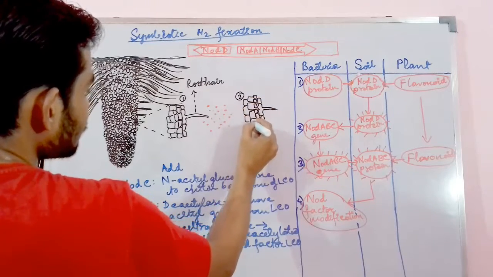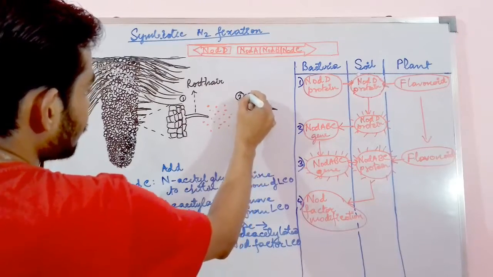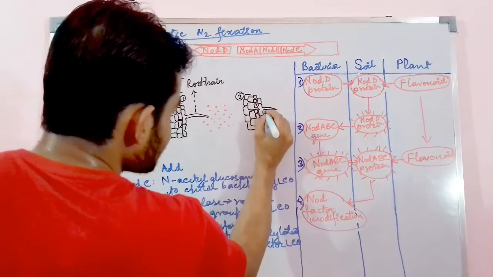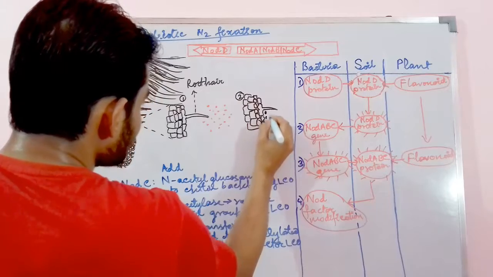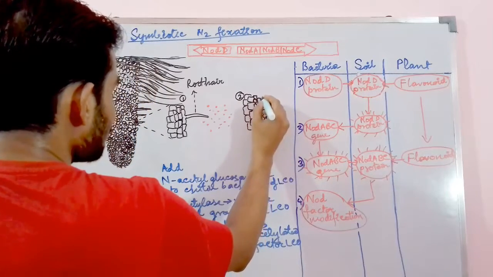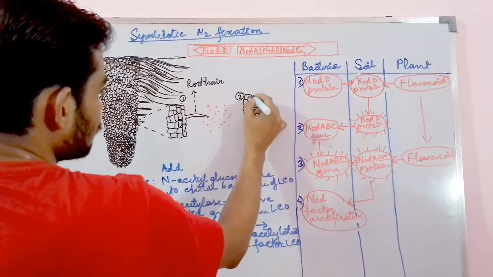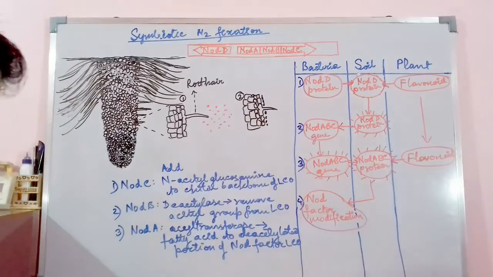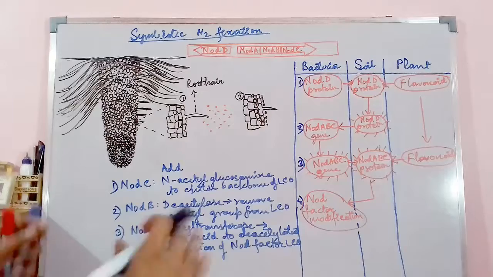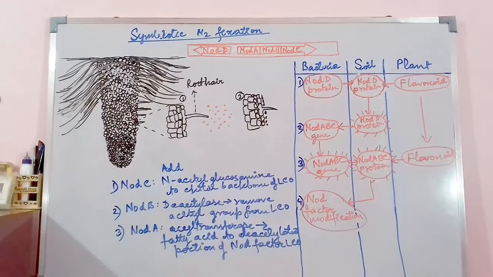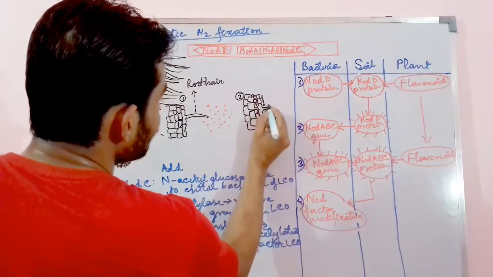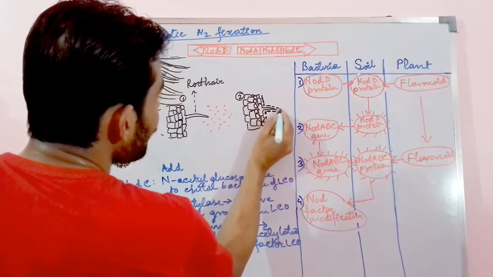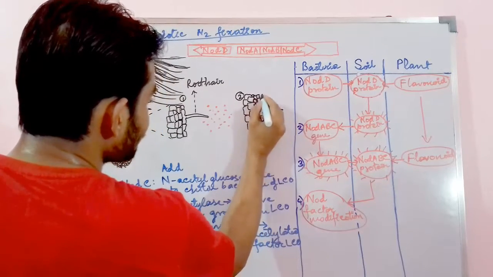In this area particularly, the primordium is nothing but the portion where the epidermis is ending, or coming in contact with the soil. Here it will start the cell division. Okay, this is how the cell division will happen.